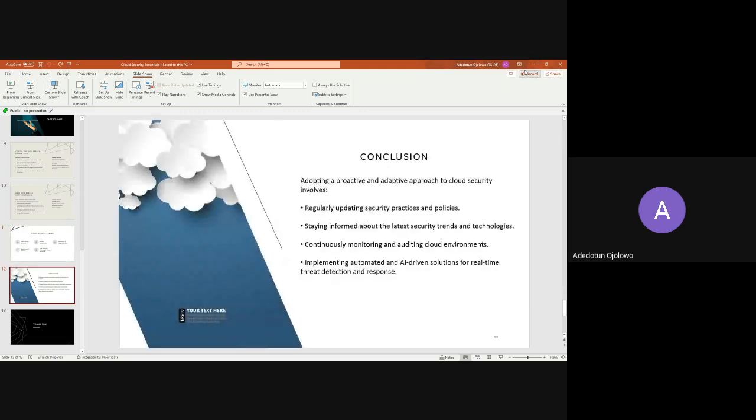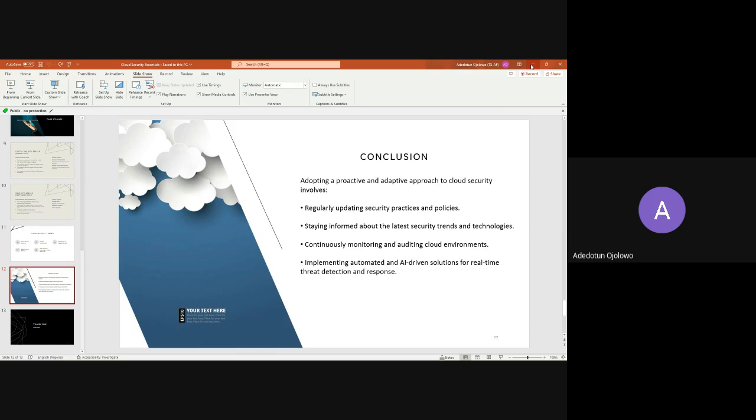This is basically the end of my presentation today. I really just want to say that cloud security is something we cannot talk about in just one presentation or one slide. There are so many things that cloud security entails: the governance side, the legal side, the auditing side, the detection side, the application security side, the network security side, and it would not be possible to contain all of that in today's session.